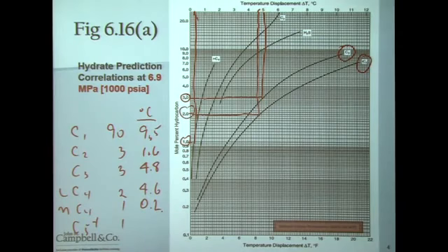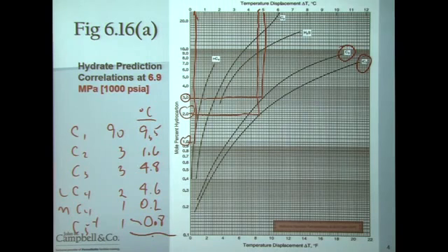And you will find when you attend a G4 session that the C5 plus is actually a hydrate inhibitor. What it does is it subtracts, or lowers, the contribution to the hydrate formation temperature, and in fact we end up with a negative number, negative 0.8.